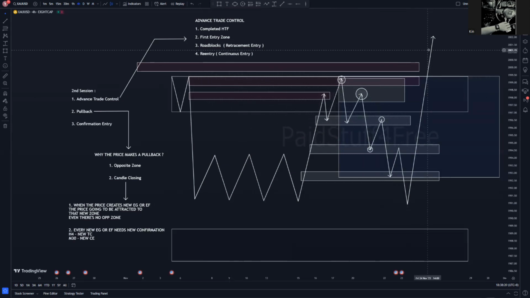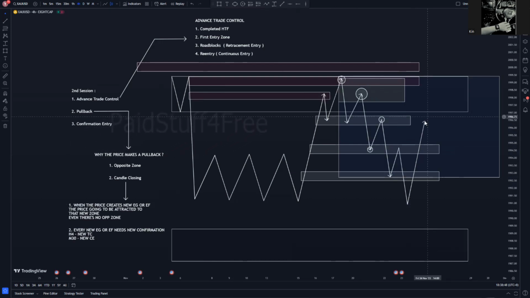So talk about the second rule, which is every new EG or EF needs new confirmation. So right now, if the price gets into the H4 sell zone and there is no respecting of the first entry zone and no trade control created, what do you guys think will happen?